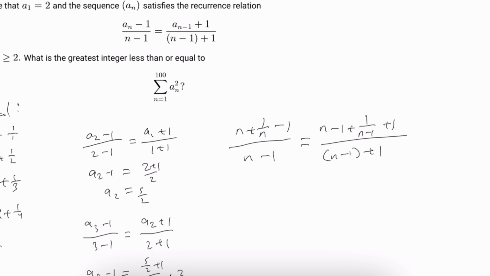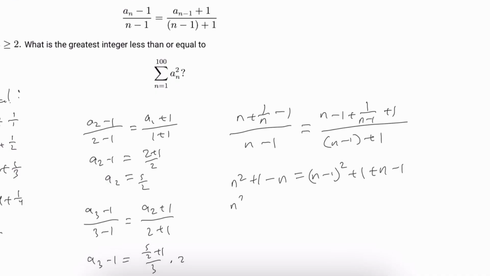And so getting rid of the fractions, we have n squared plus 1 minus n is equal to n minus 1 squared plus 1 plus n minus 1. So n squared minus n plus 1 is equal to n squared minus 2n plus 1 plus 1, or I guess the 1's cancel out.